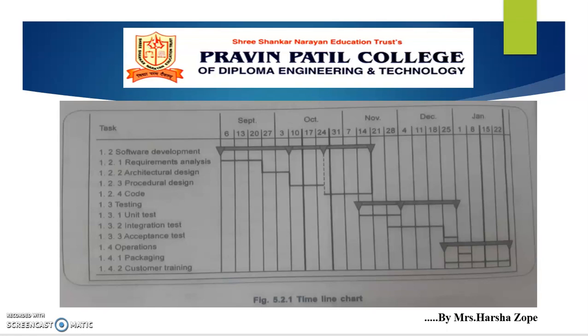In most projects, after generation of the timeline chart, the project tables are prepared. In project tables, all the tasks are listed along with actual start and end dates and related information. In this timeline chart, you can see the months September, October, November, December, January, and the weeks assigned, and how many weeks it will take to complete the task.